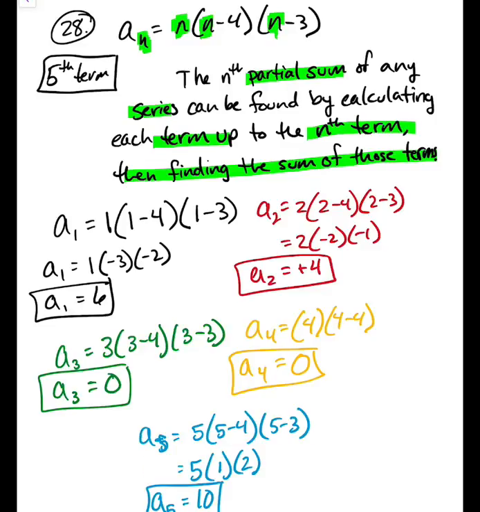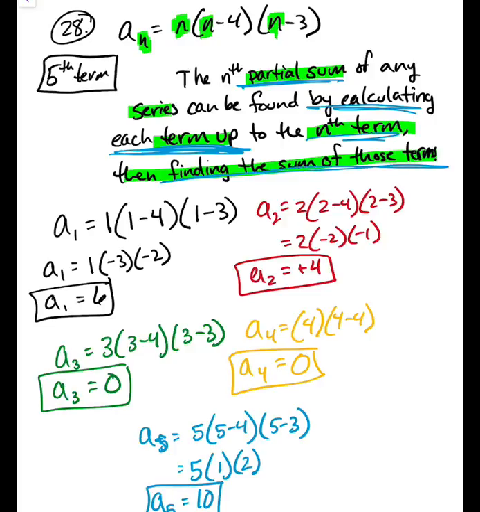Okay, let's continue on. So, all right, I have the value for all of my terms up to the fifth term. Now, as you look at the definition, the partial sum can be calculated by calculating the terms up to the nth term and then finding the sum of those terms. So I need to find the sum.